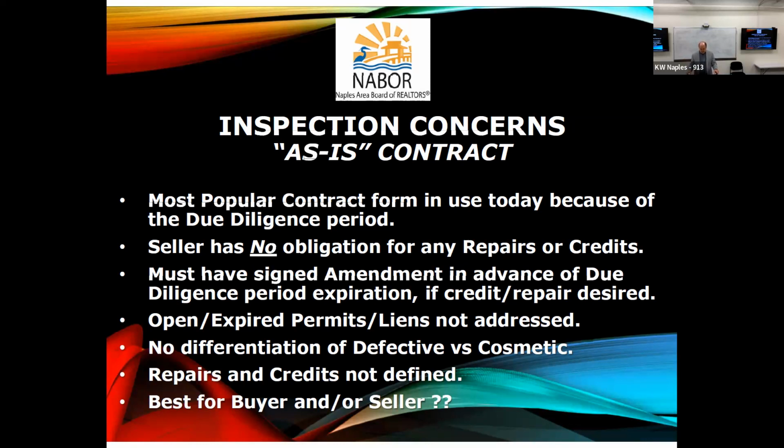But checking the next box says, okay, if I decide I want to take title in a different form, or I decide I want to add a buyer to the contract because of loan guarantees or whatever, I can do that. If I check box C, or the third box on 85, I have to have permission from the seller to do anything.